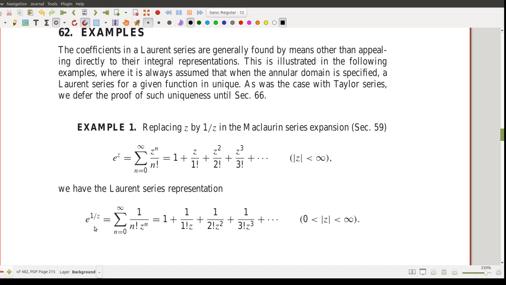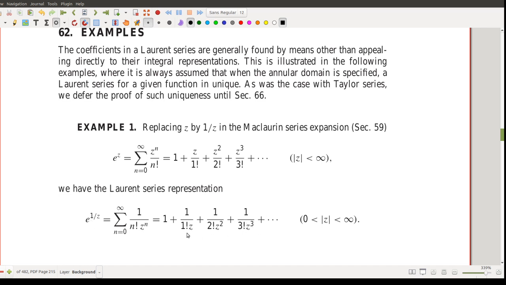So e^(1/z) has a series expansion as well. That expansion contains negative powers of z. Therefore, we use the Laurent series to get that expansion. So e^(1/z) can be expanded in this way.